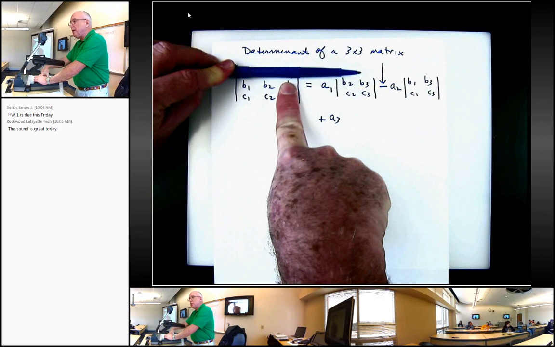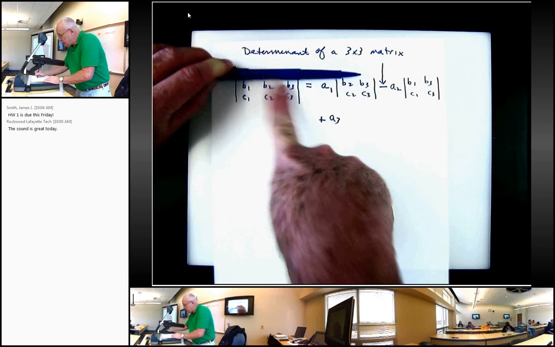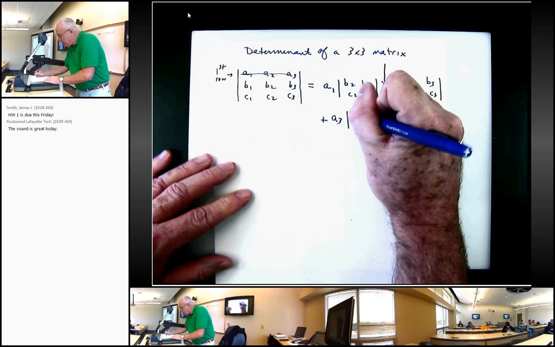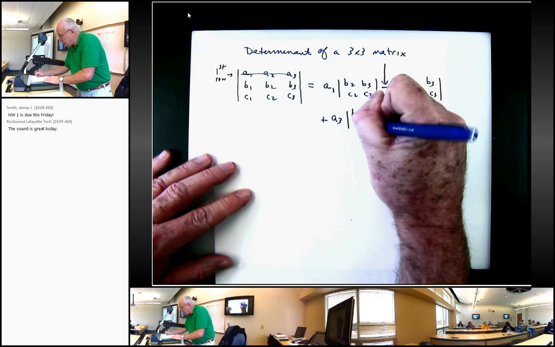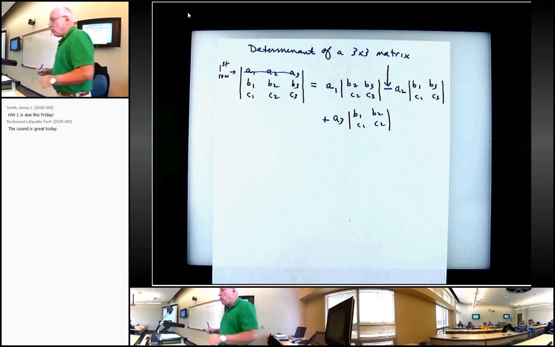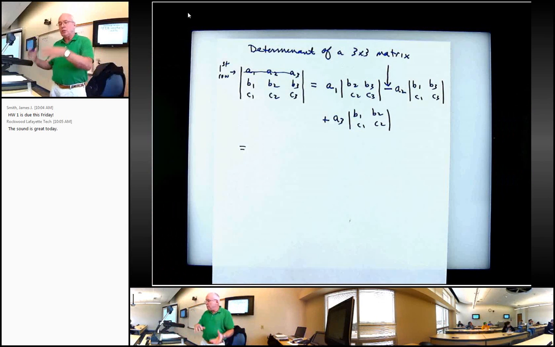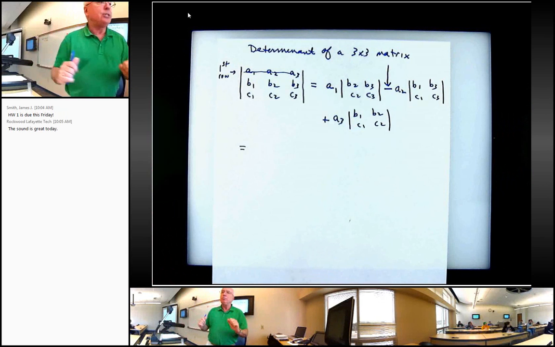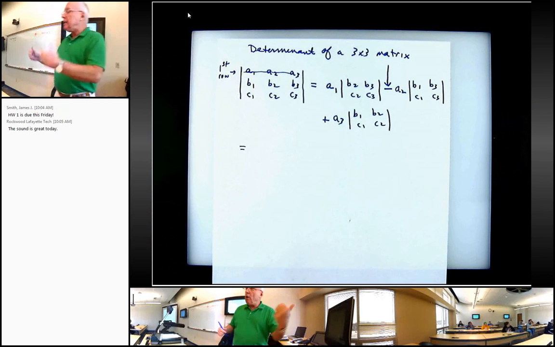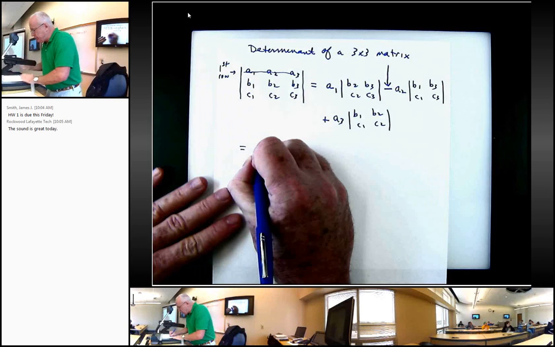We're going to multiply that element by the determinant of those 4 elements. So that's B1, B2, C1, and C2. All right. Now we've got numbers multiplying 2 by 2 matrices. So we've already seen how to do the 2 by 2 matrices. So that's where we're going to proceed next.